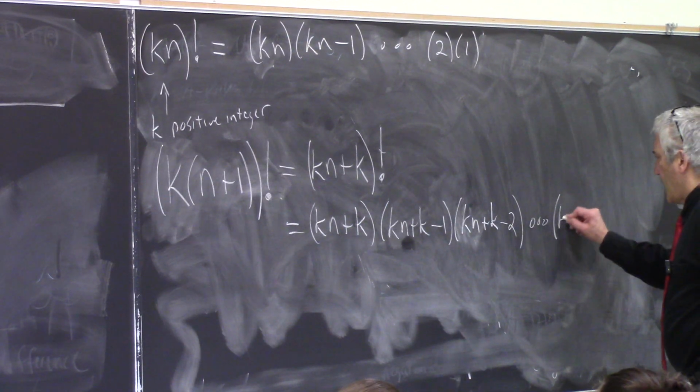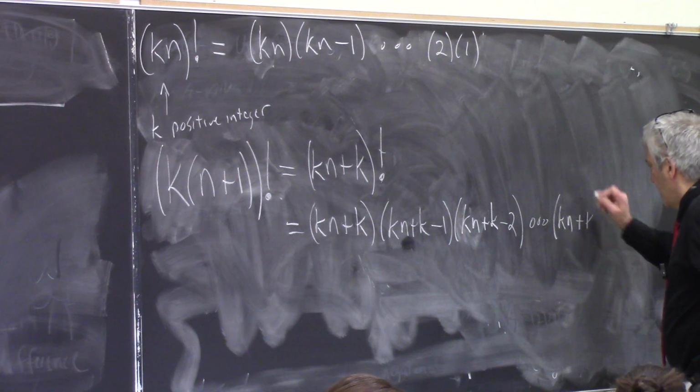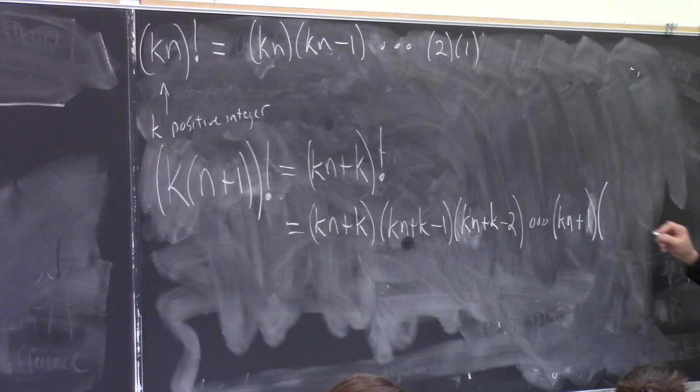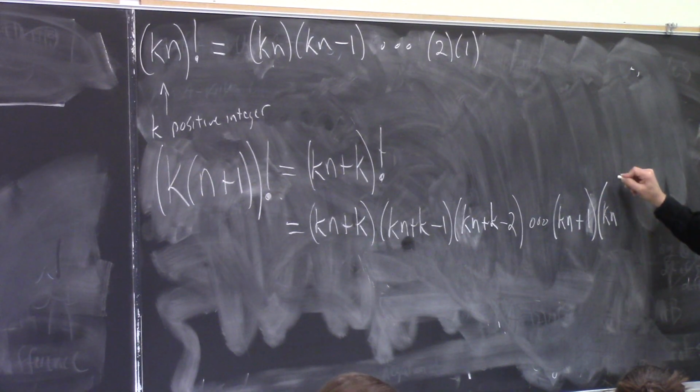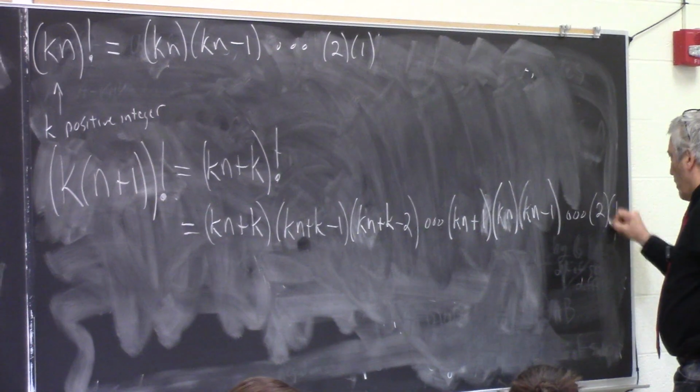So kn plus 1. And then we're going to keep going, kn. And we're going to go kn minus 1 all the way down to 2 and 1.